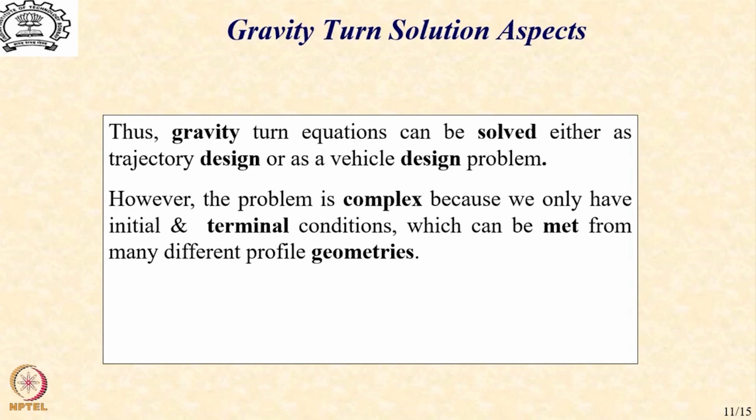So obviously there are multiple solutions possible, which means depending upon how I specify my m or m dot, I am going to get various combinations of v and theta, which will be valid trajectories. And similarly, for multiple values of theta or v, I will be able to solve for a large number of burn rates or m, which will be solutions.